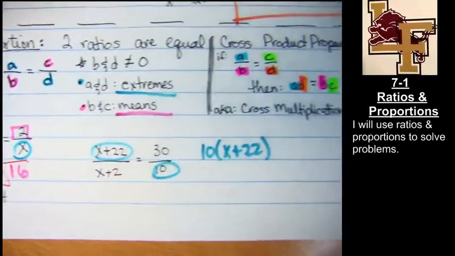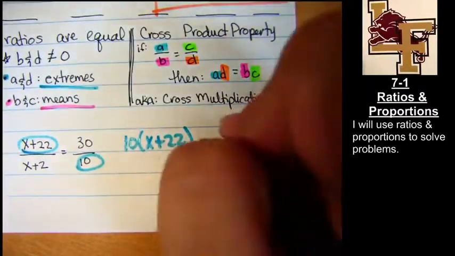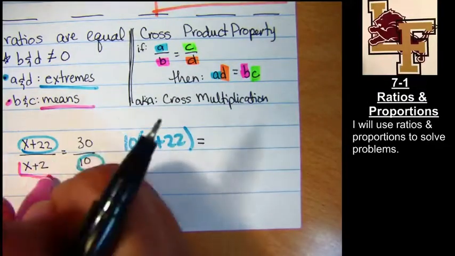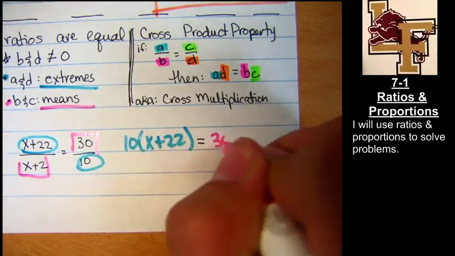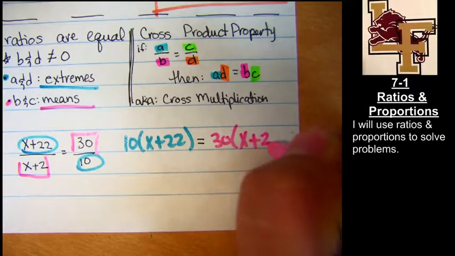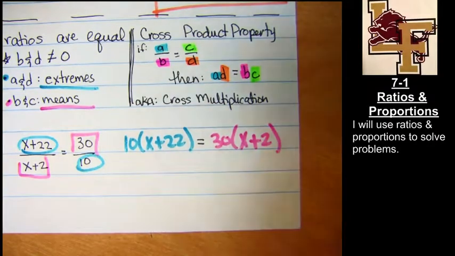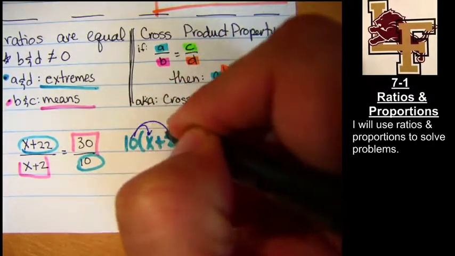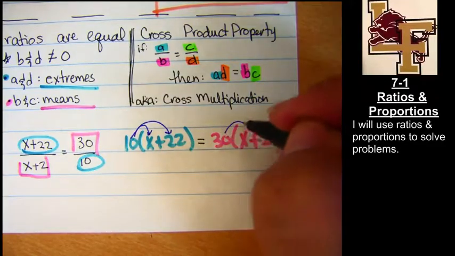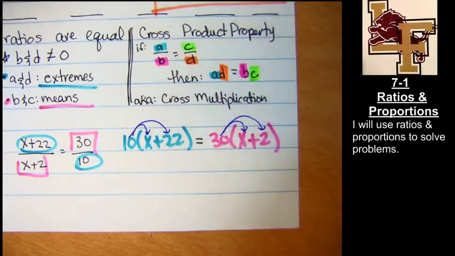I just need to know how to multiply them. And you set that equal to whatever you get when you multiply the means. Again, I don't need to know what those numbers are right now. Now that I have this, I can distribute. That times that, this times this. That times that, this times this. Feels familiar now? Good. That's all I had for notes today. Thanks, guys.